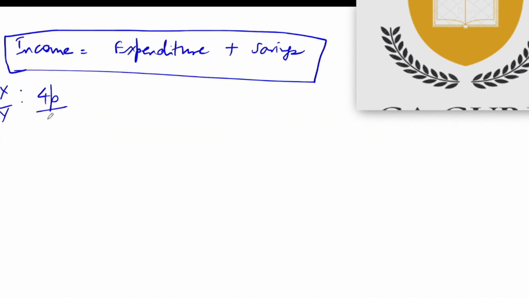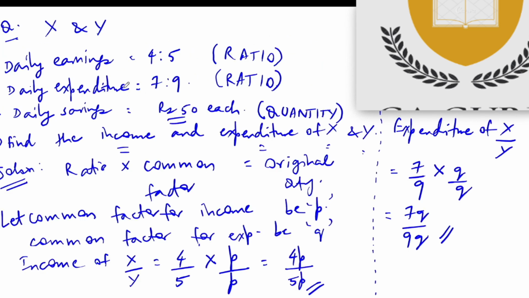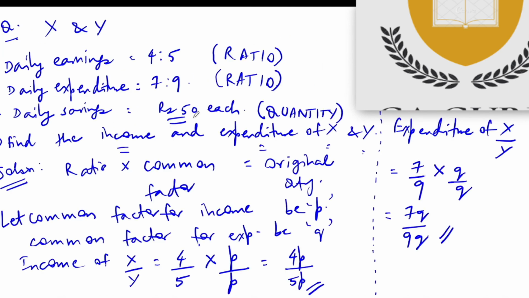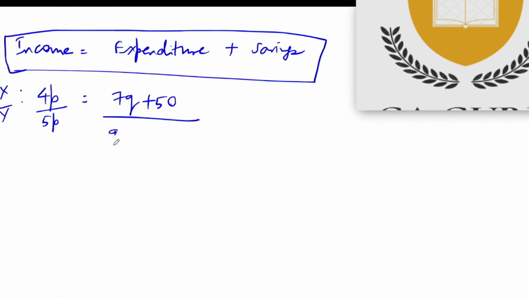That is the income relation, the income equation or the ratio. 4P by 5P is equal to expenditure plus saving. Expenditure of X to Y is 7Q. We have to add the saving to the 7Q plus 50 divided by 9Q plus 50. This is the savings part of it. Expense plus saving.